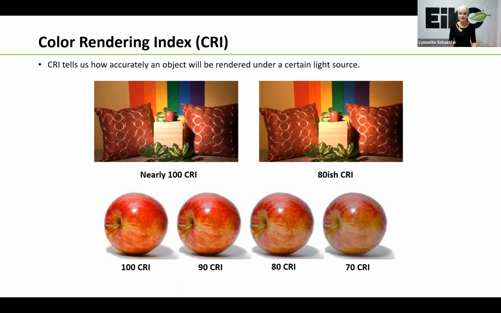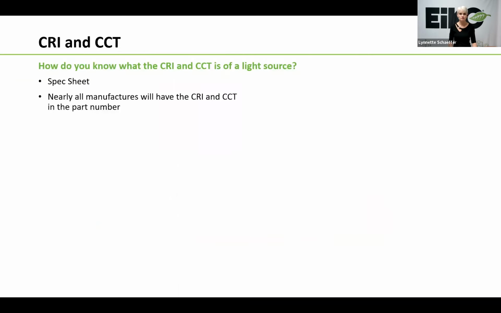Maybe you have a fluorescent lamp, for instance. And then all of a sudden you realize that that bright red that you thought was bright red is no longer bright red. Or if you've ever had a black pair of socks or a blue pair of socks, you can't see the difference between them. So what do you do? You walk over to the window and you're like, I can finally see which one's black and which one's brown. The reason for that is because daylight actually has the highest CRI, which comes in at 100.